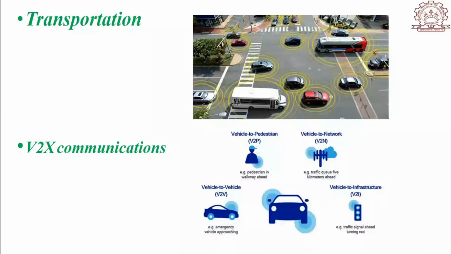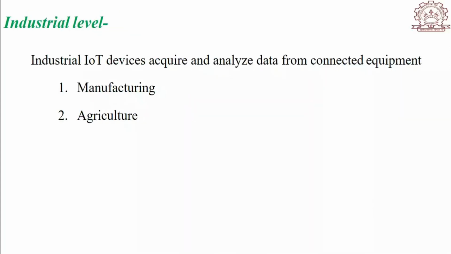Even with IoT enabled technology, we can track that on this route there is more traffic, so we should prefer another route. This kind of system is possible due to the Internet of Things only.